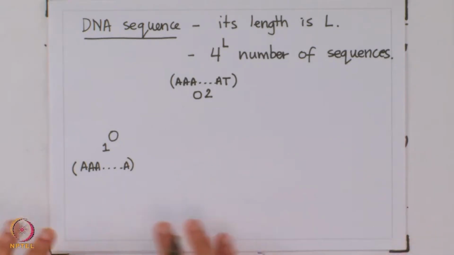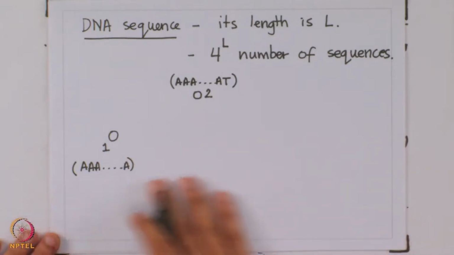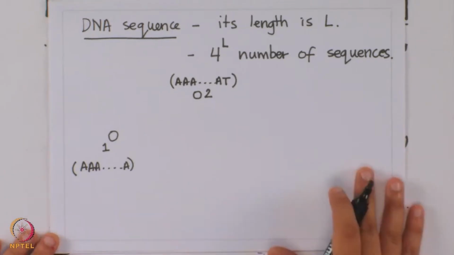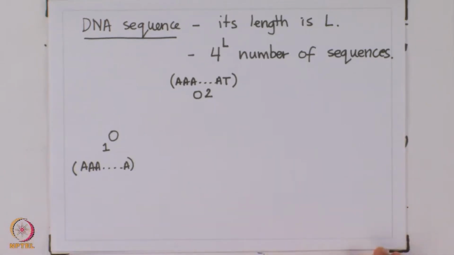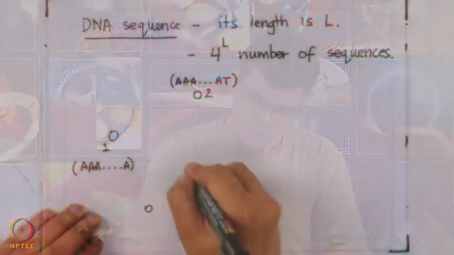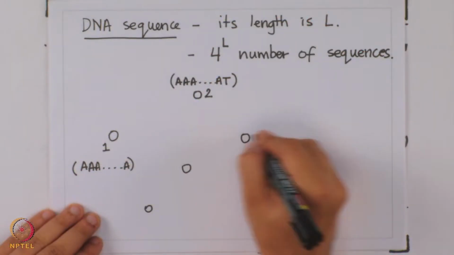We keep doing this till we populate this plane with these nodes, and the total number of nodes will obviously be equal to 4 to the power L, because every distinct genotype or DNA sequence will be represented as a node here. So, at the end of the whole exercise, we will have 4 to the power L nodes on this plane of paper.